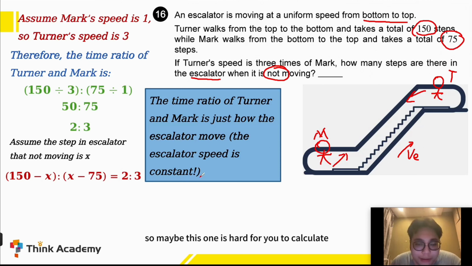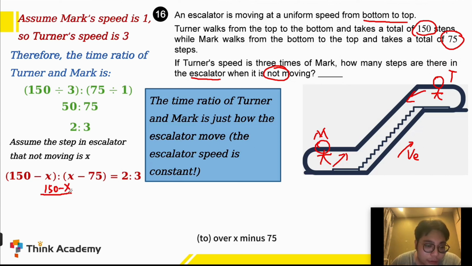Maybe this one is hard for you to calculate. Remember, the ratio is actually a fraction, right? So this is 150 minus x over x minus 75 equals 2 over 3. Then cross multiply.